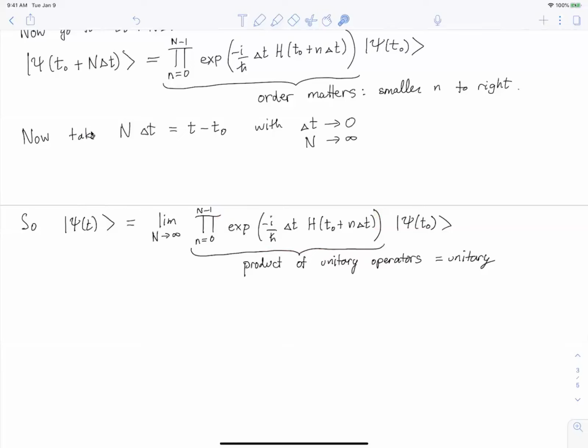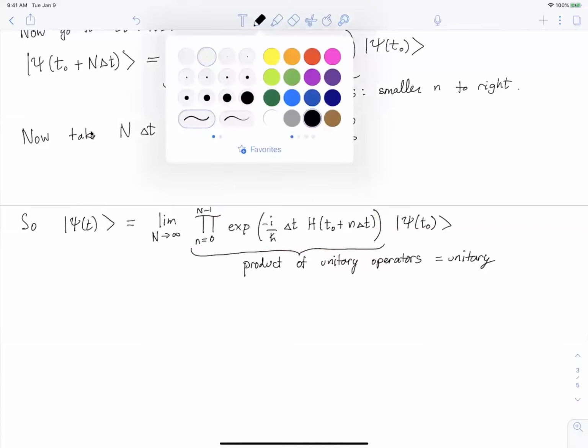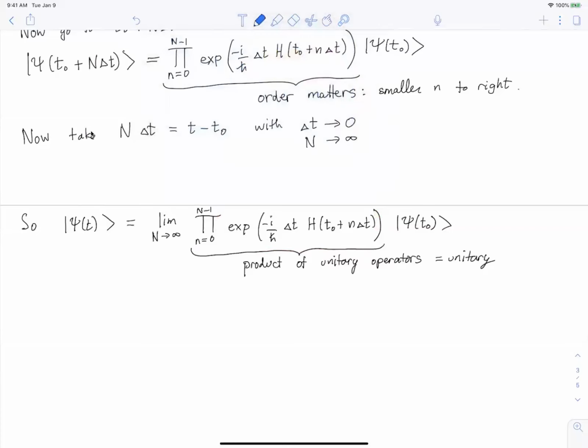Okay, so that's true. And then another thing that's true is that if I take the whole thing, including the limit, that is a unitary operator, which depends on time and depends on what the starting time was, right? It's got both t and t0 built into it.